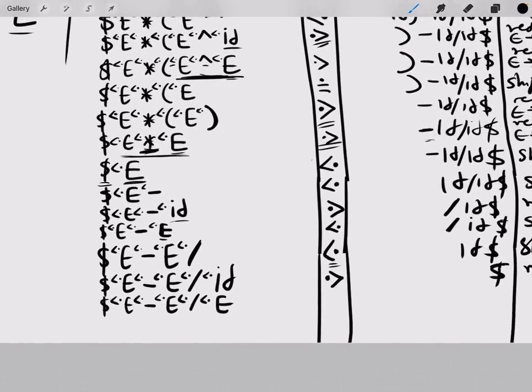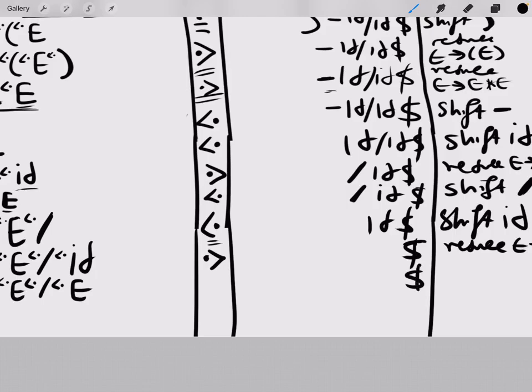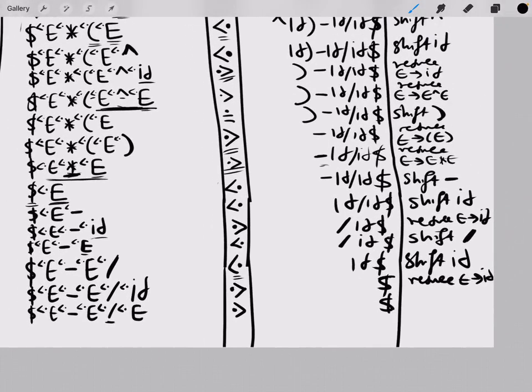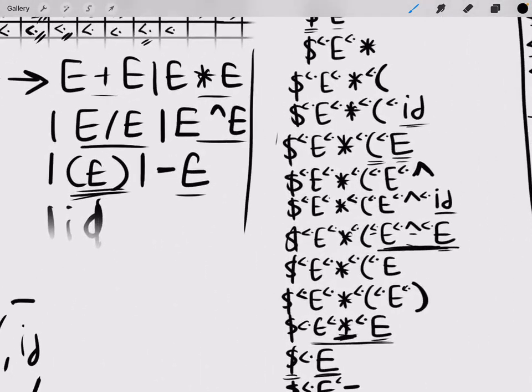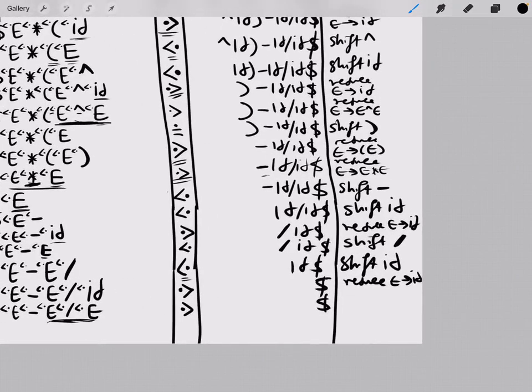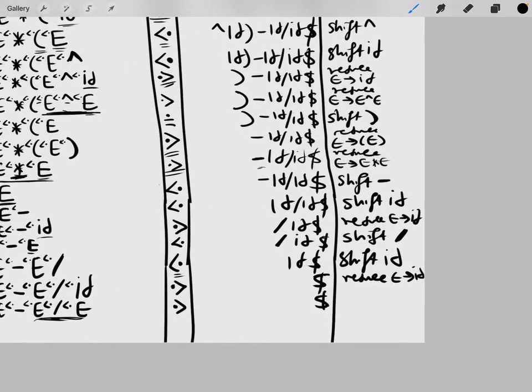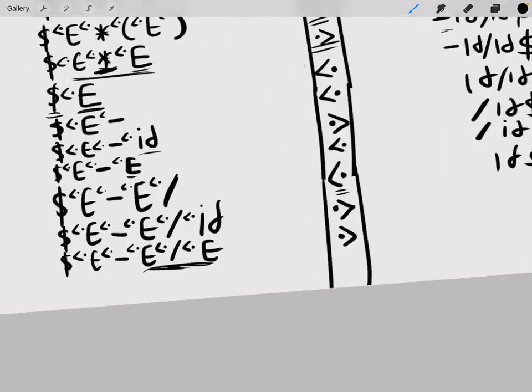Now, since all we have is the right end of the input, we have just the dollar sign. Dollar sign is still weaker than the division, so we are going to take precedence again. And then we can note that there is a handle here, and the handle is E divided by E. So we reduce again, E derives E divided by E. What's next on the list?